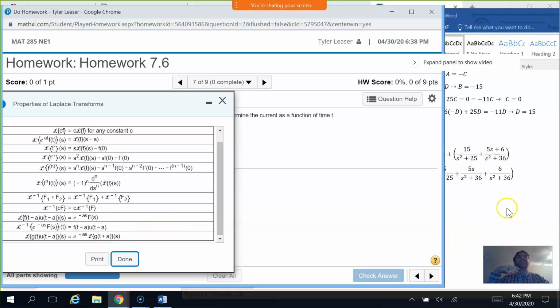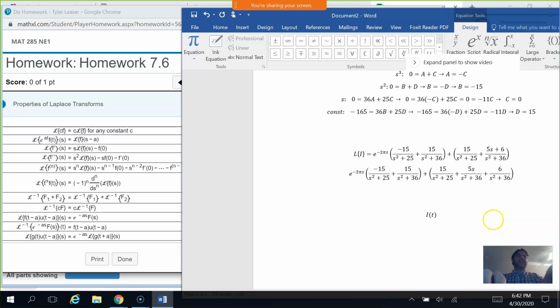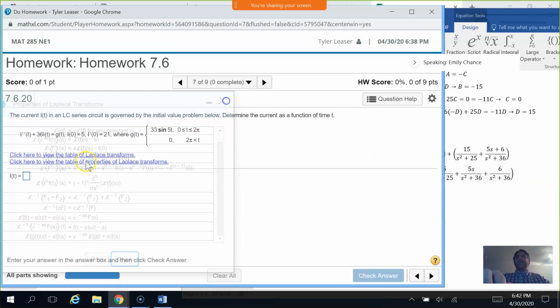That's that function that splits it up to start at a. Okay, so here we go. That means that my current I is going to be the following. Negative 15, let me go back to the other table here.